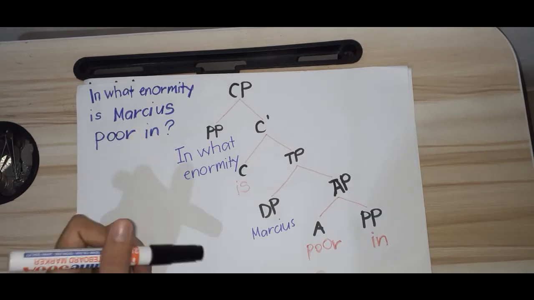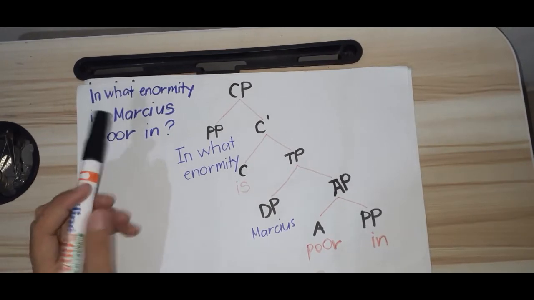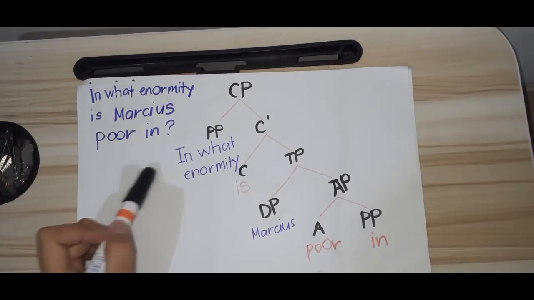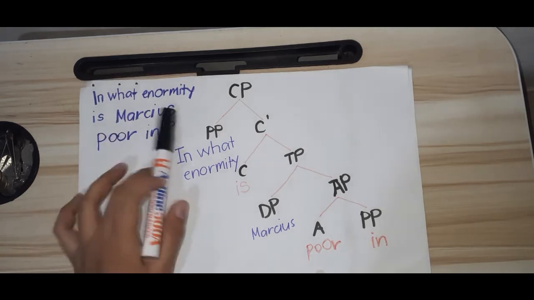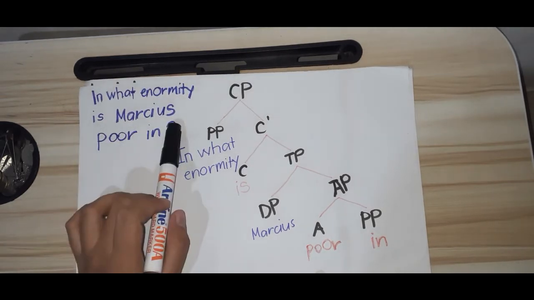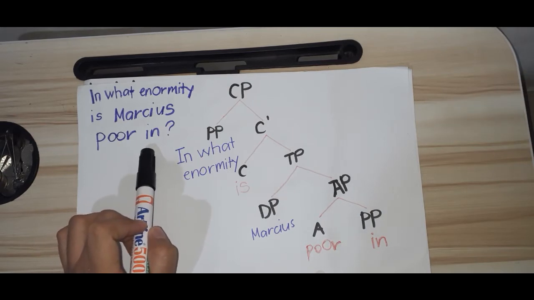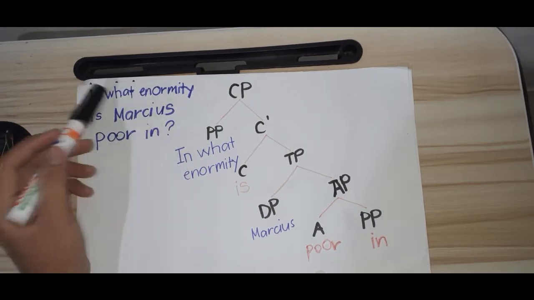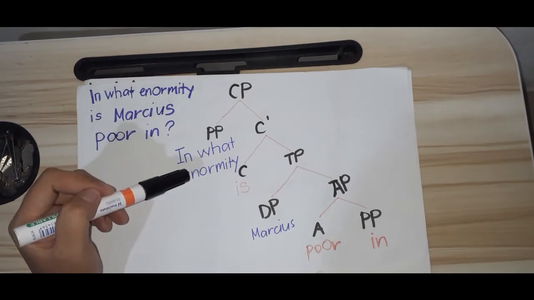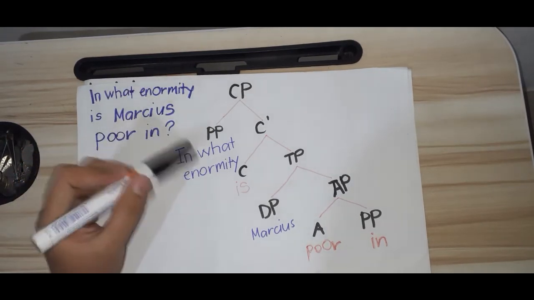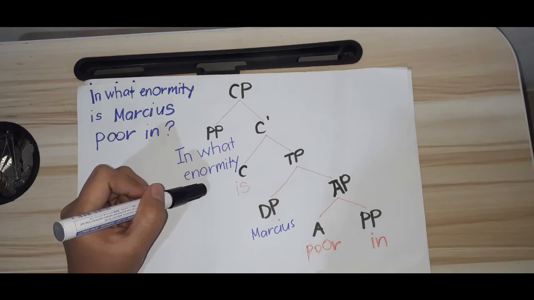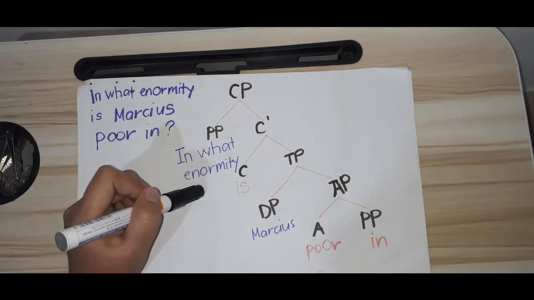So to make it clear, consider the syntax of "in what enormity is Marcius". The WH quantifier what merges with the noun enormity to derive the quantifier phrase what enormity.